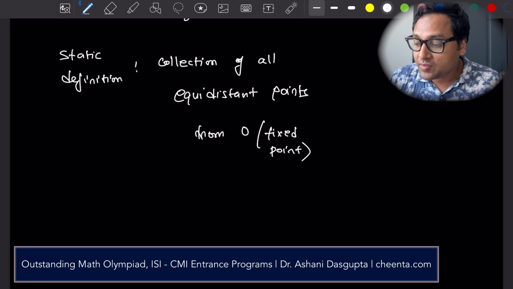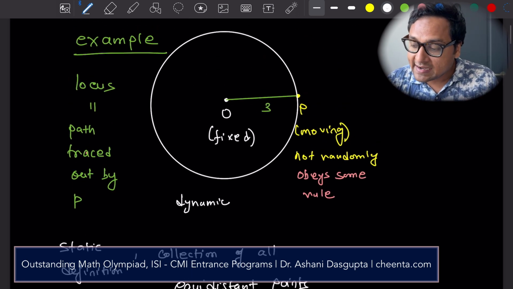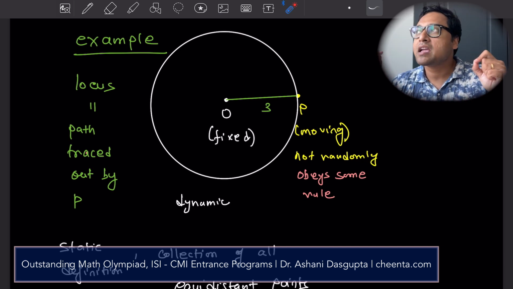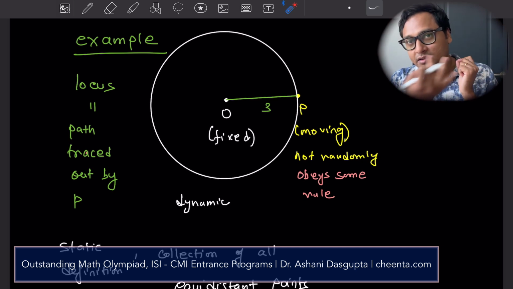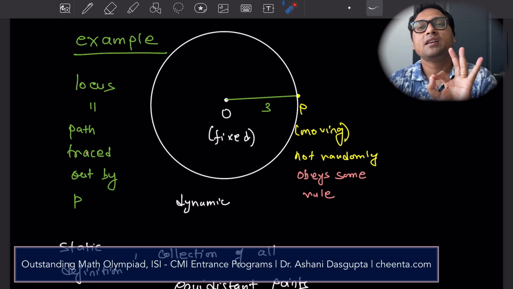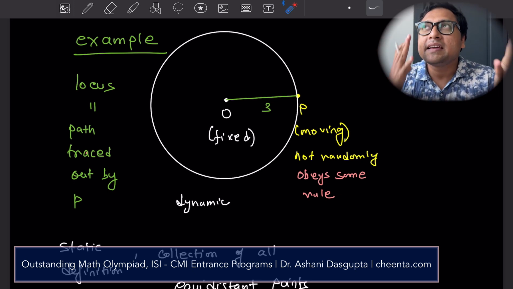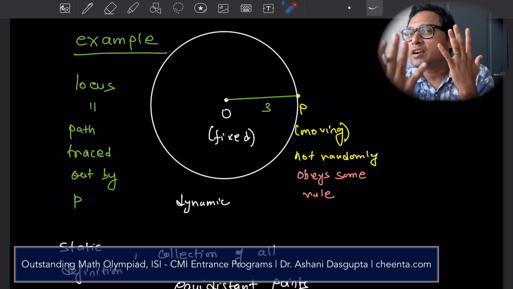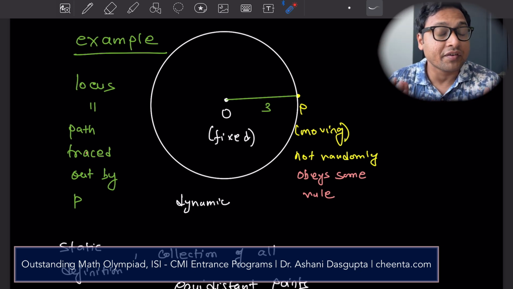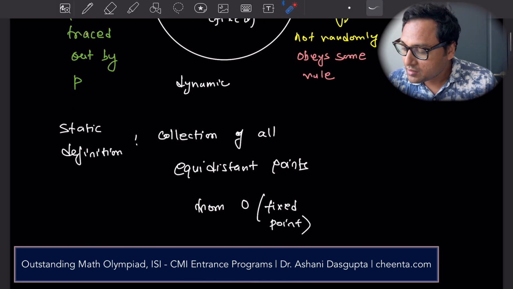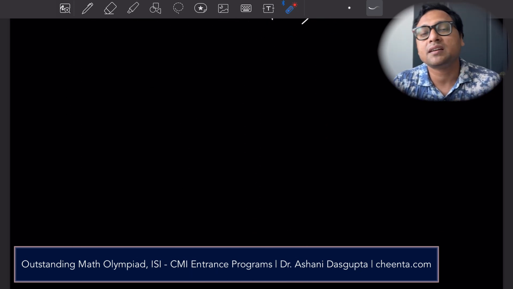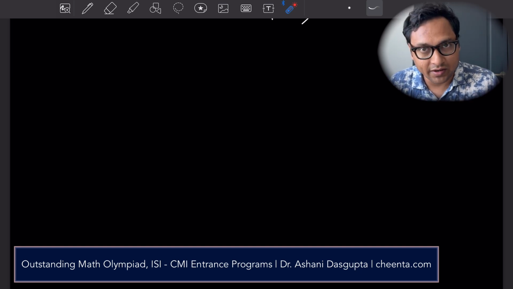So you are now thinking about this entire circle together. You are thinking about it as a set of points on the plane which are equidistant from a given point. You get the same thing, but there are two completely different viewpoints. So both of them are important. One of them is important in some context, the other one is important in some other context.